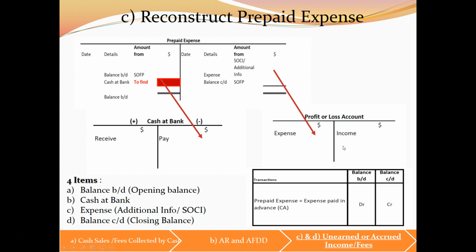in terms of expense. So let's say you check there's a prepaid expense in SOFP and there are other expenses under expenses. So what you do is you straight away open the prepaid expense account in order to find cash at bank. Now, prepaid expense is an asset, so opening balance on the debit, closing balance on the credit.